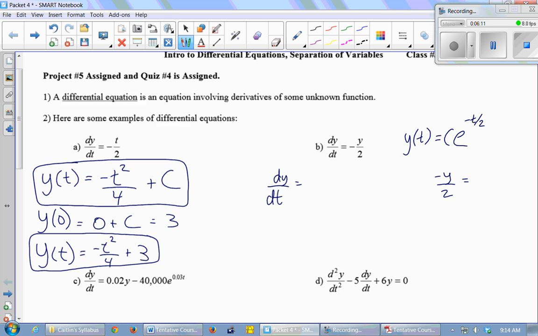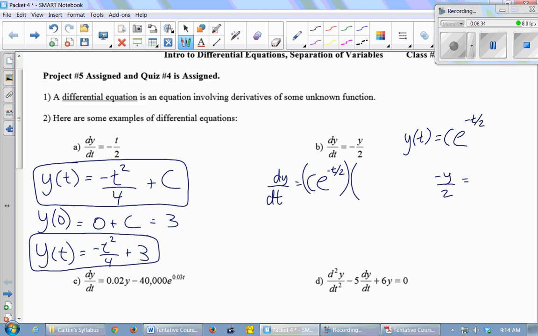Okay. All right, so dy dt, if I take the derivative of this thing, what would I get? You get c e to the negative t over 2, right?